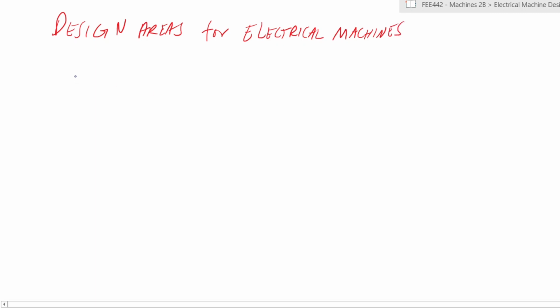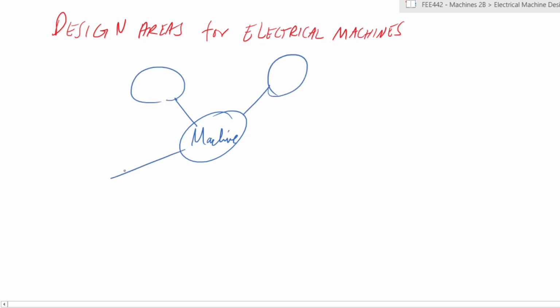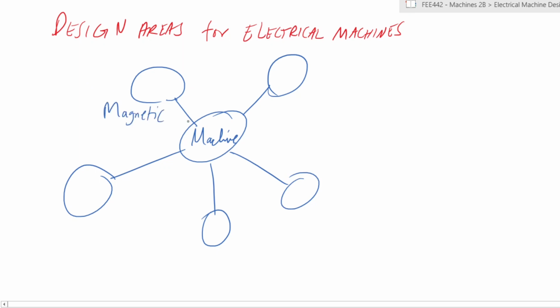So these are the main areas that you would need to take into consideration. So the first of these is the magnetic circuit.